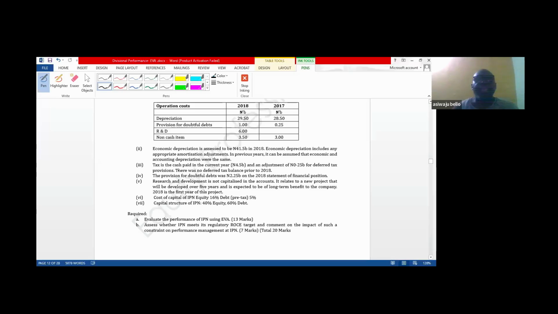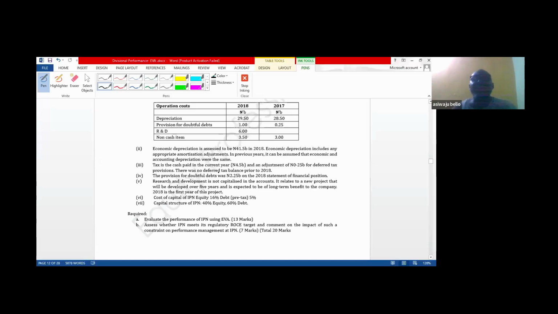Tax is the cash paid in the current year, 4.5 billion. And an adjustment of 0.25 billion for deferred taxation.